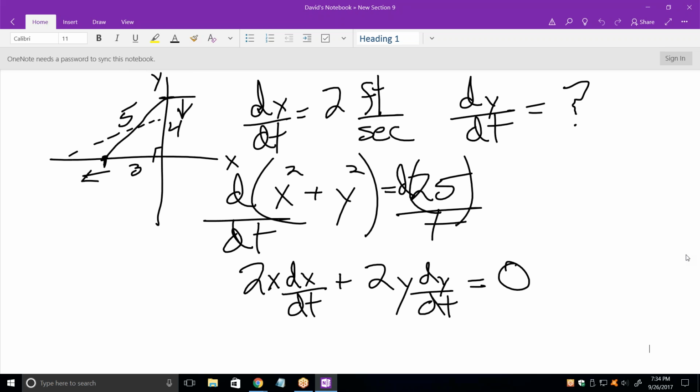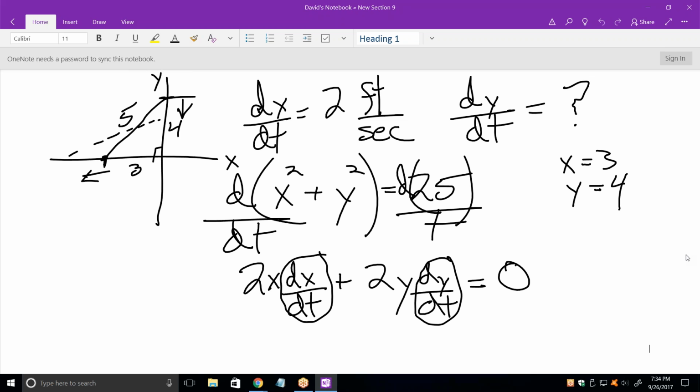Okay. Now, we're given this. We know what that is, 2 feet per second. And they're asking, what is dy/dt when x is 3 and y is 4?